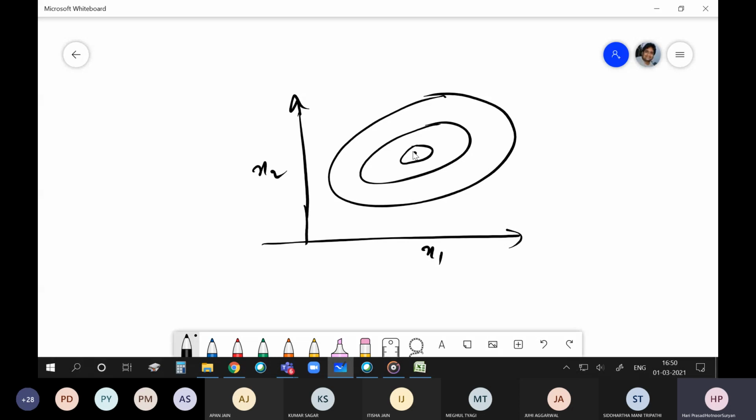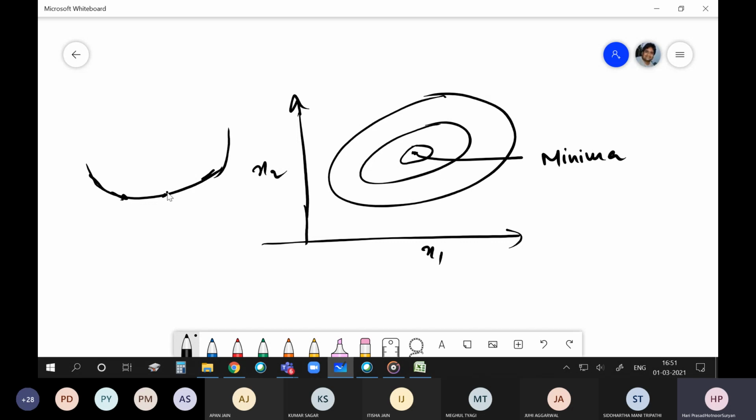So how will this contour shape be around this minima? It will be bowl shaped, isn't it? I'm not able to plot it three-dimensionally. From whichever direction you come to reach this point, you will be getting the minimum only at that point, whether you come from this side or from that side.